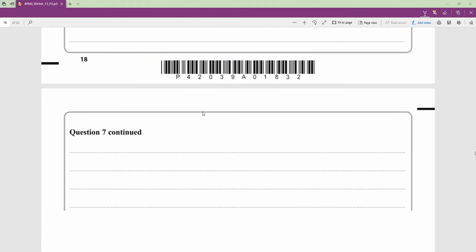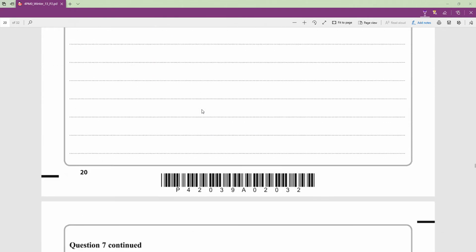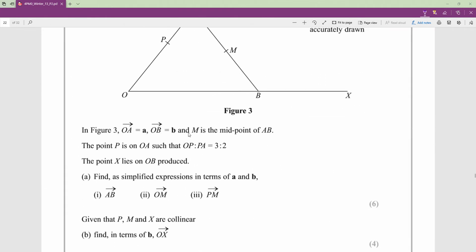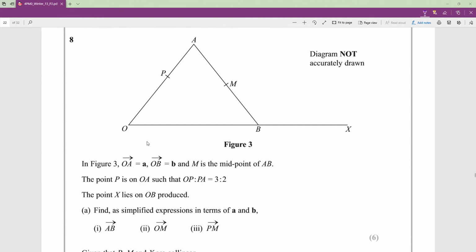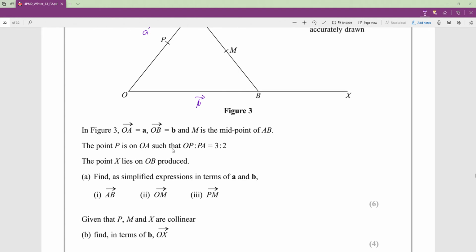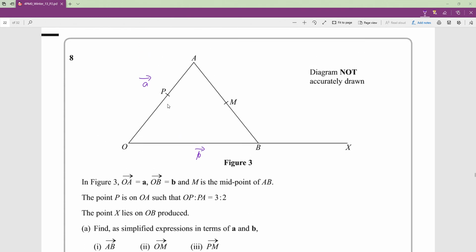Okay, so now we head on to question 8, which is to do with vectors. In figure 3, OA is A, OB is B, and M is the midpoint of AB. The point P is on OA such that OP to PA is 3 to 2.